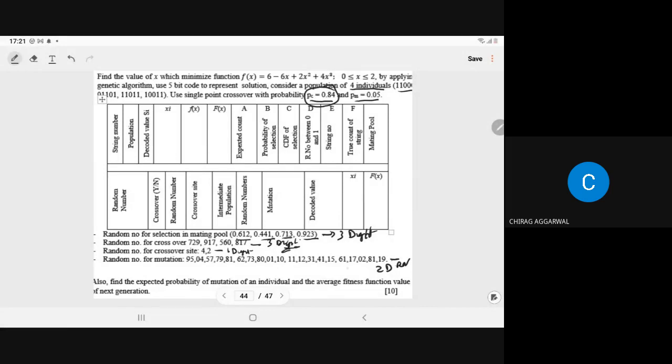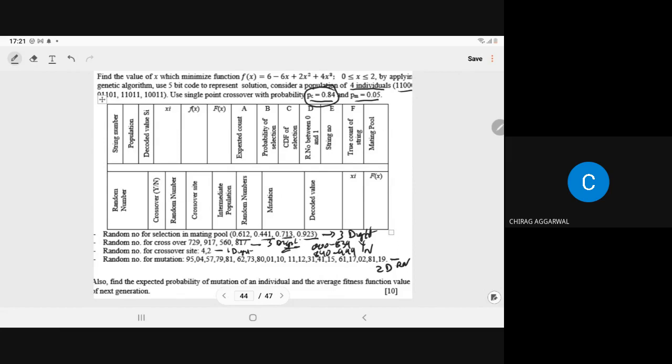It means if the number lies between 000 to 839, the crossover is yes. If the number lies between 840 to 999, then the crossover is no.